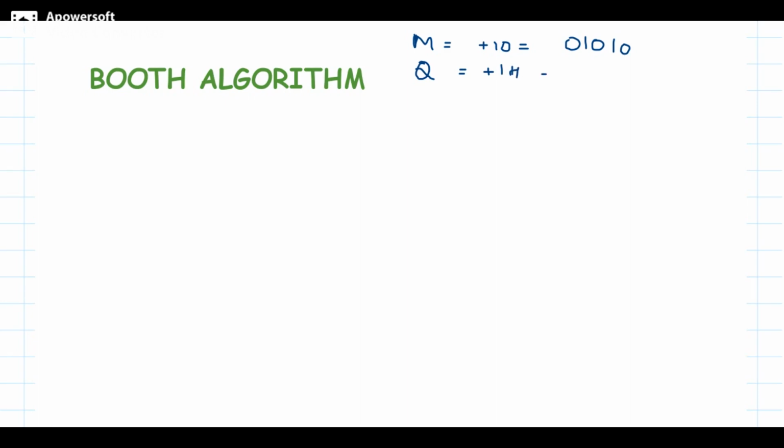That means 0 1 1 1 0. Now I'll write the multiplier as it is initially, 0 1 1 1 0. Initially I'll append one additional 0 to the LSB position.